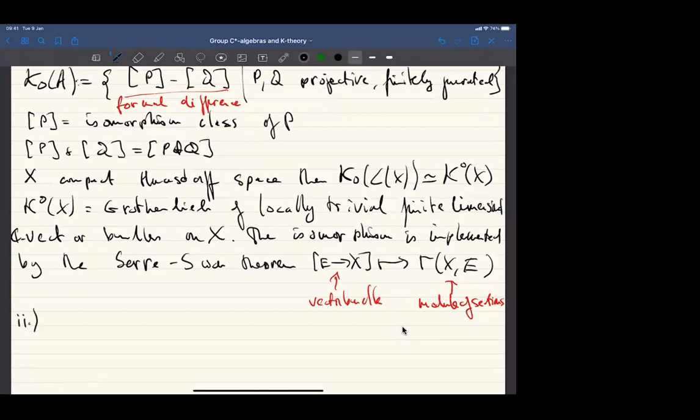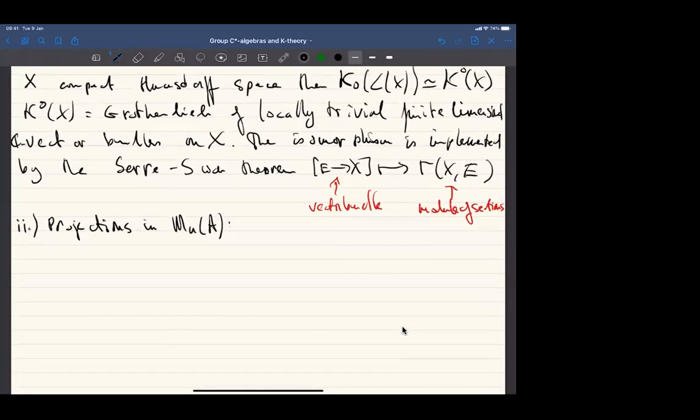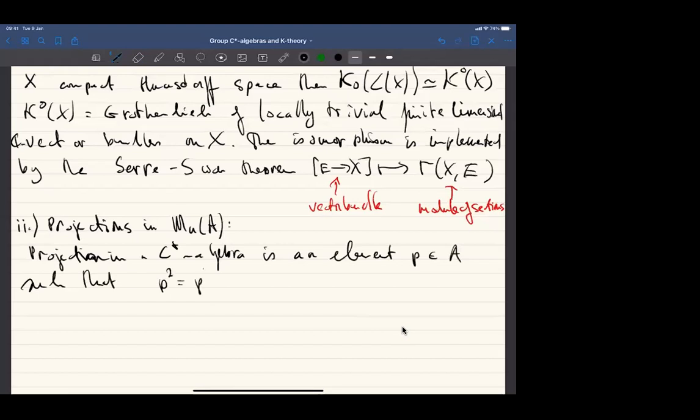The second description is via projections in matrix algebras over A. First let me say, a projection in a C-star algebra is an element P in A such that P squared is P star is P. So this is in analogy with projections on Hilbert spaces.